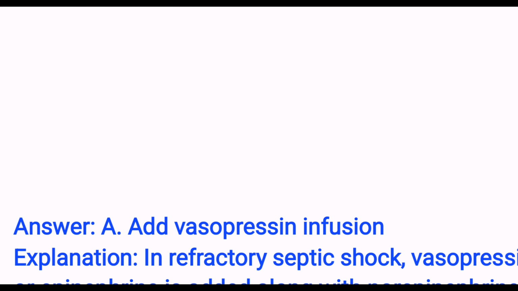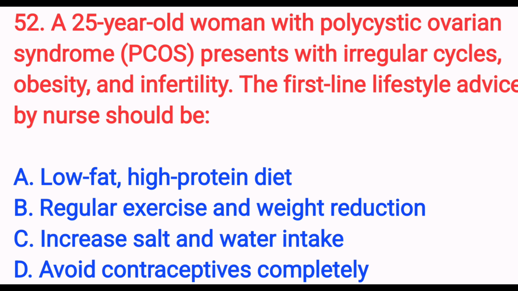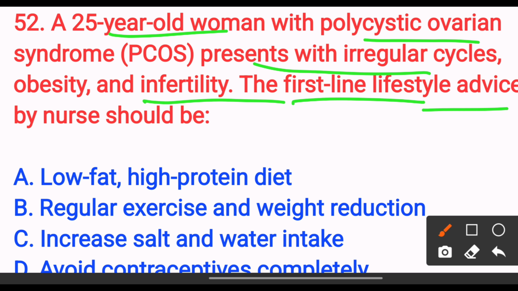Next, a 25-year-old woman with polycystic ovarian syndrome presents with irregular cycles, obesity and infertility. The first line lifestyle advice by the nurse should be option A, low fat high protein diet.